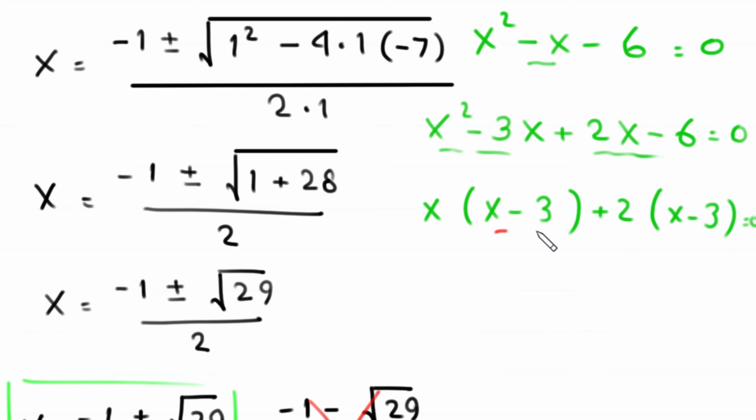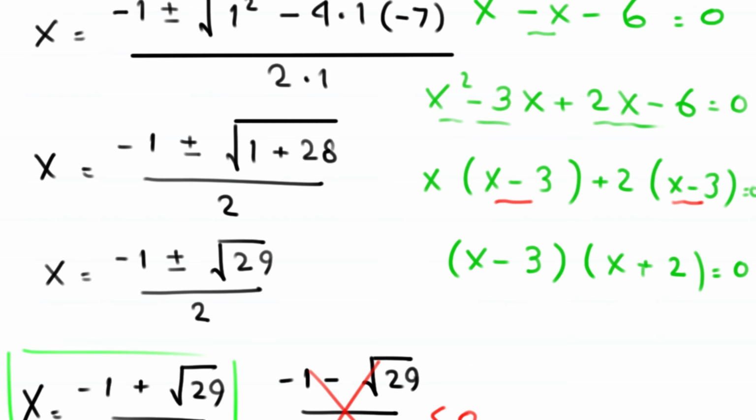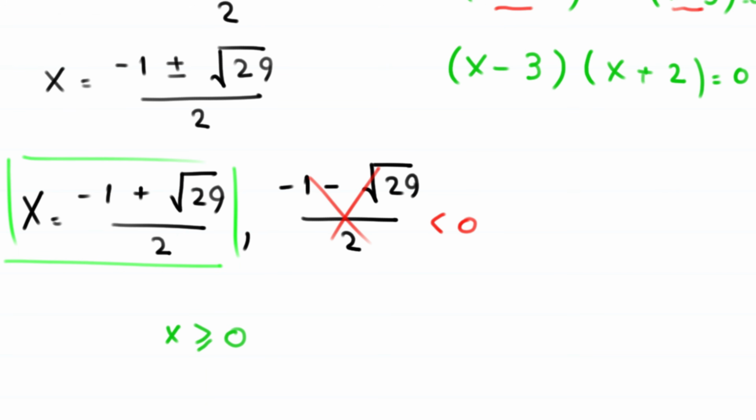This x minus 3 is a common factor, so we factor it out and in brackets x plus 2 equals 0. Either x minus 3 equals 0 or x plus 2 equals 0.